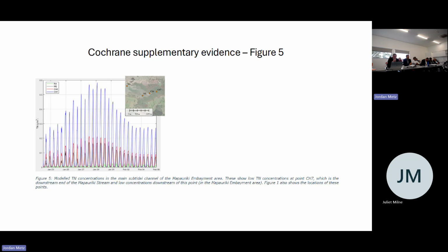the adverse effects that I believe we should be concerned about are the ecological expression of elevated nutrients. We're not talking about acute toxic effects on wildlife from the discharge, so I think we can effectively move on from that.